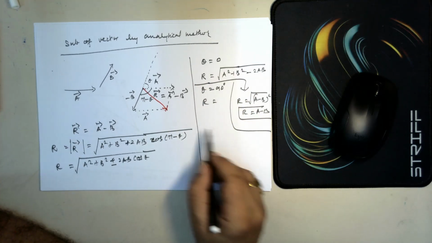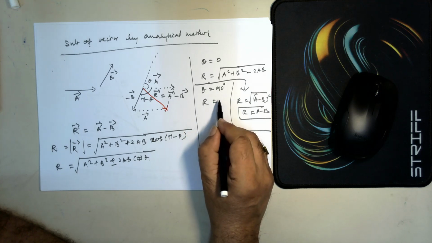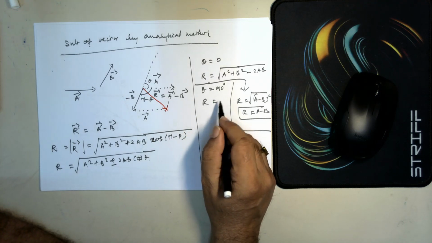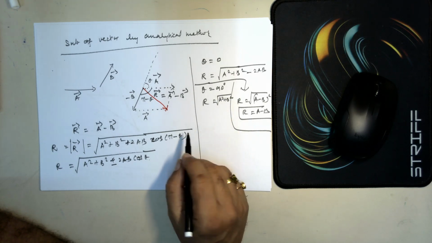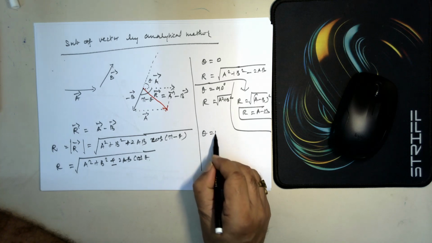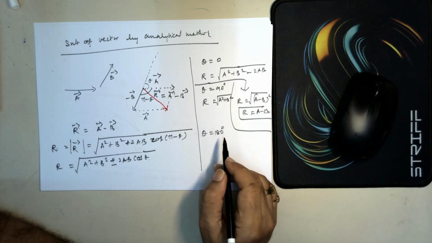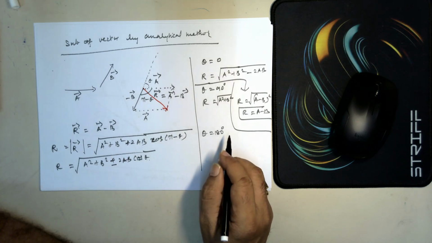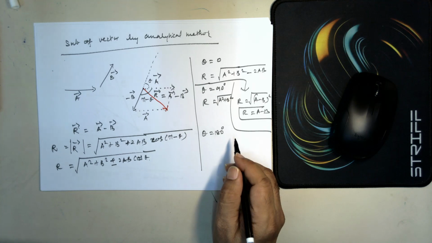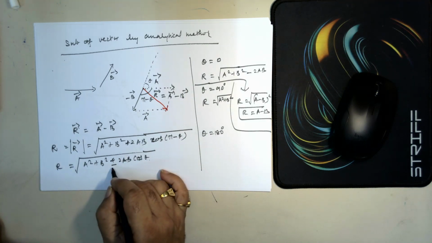Then theta is equal to 90 means cos 90 is 0. So in that case, you have only the square root of a squared plus b squared. Got it? Any doubt? Now theta is equal to 180. What is cos 180? Minus 1. So minus of minus becomes plus here.